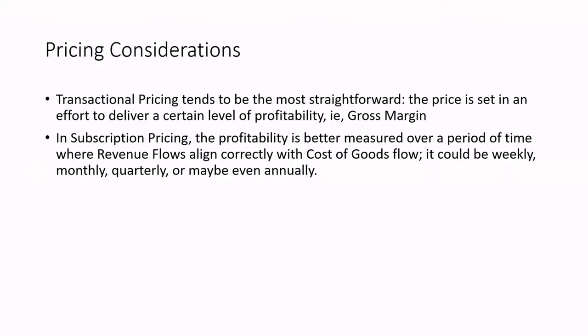And so it's that period of time over which we need to look at profitability so that we can measure the revenues against all of those costs to accurately know what our profitability is over that period of time. And so this period of time could be weekly, it could be monthly, quarterly, or maybe even in some cases annually. It's that period of time that allows us to accurately measure what our profitability has been from the subscription pricing scheme.